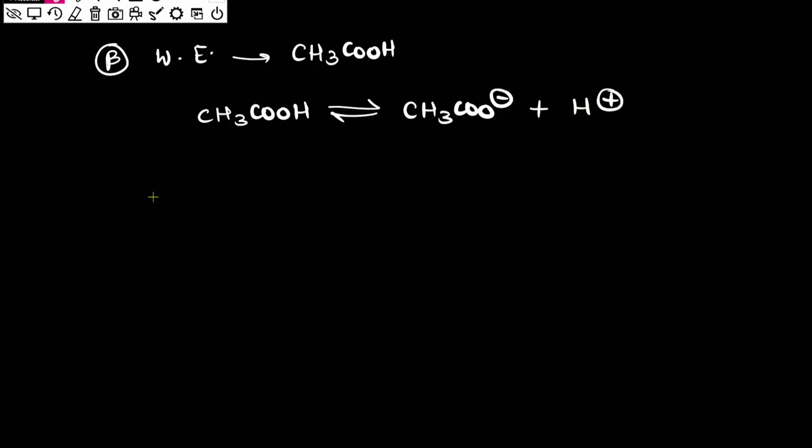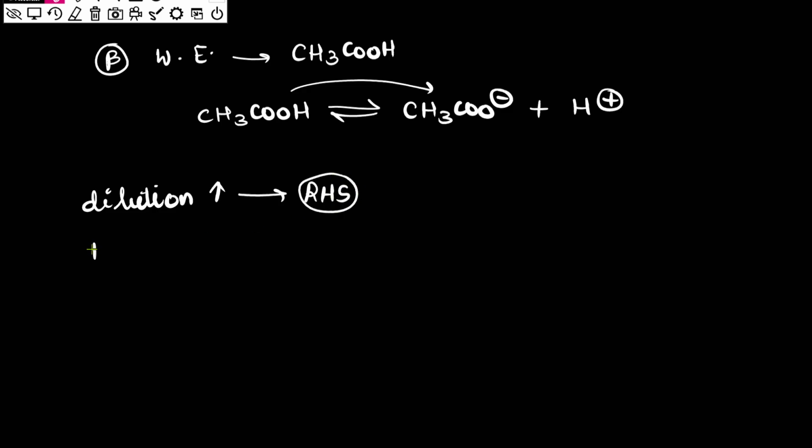Reversible means if the dilution is increasing, this equilibrium will shift to right hand side, and if the concentration of the electrolyte is increasing, at that time the dissociation will not occur and the equilibrium will shift to left hand side. And this is in confirmation with Le-Chatelier's principle.